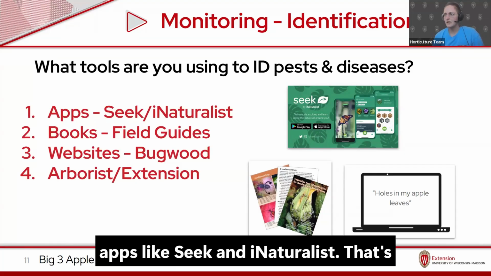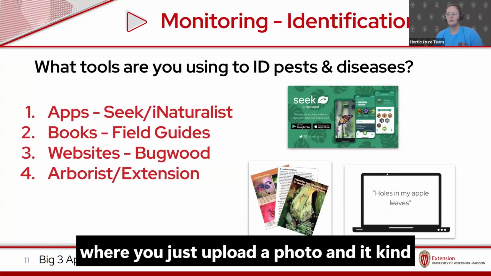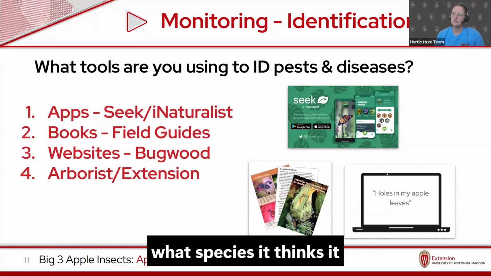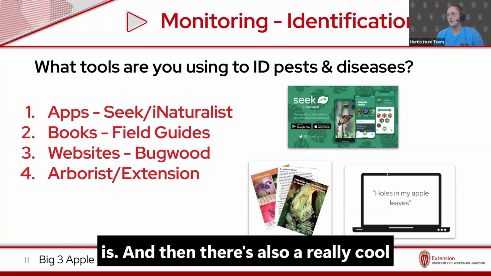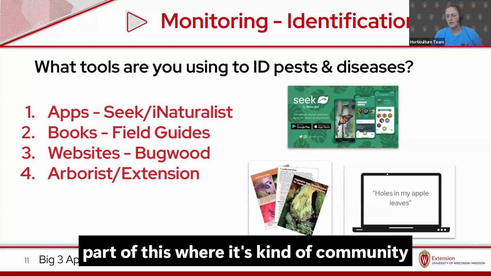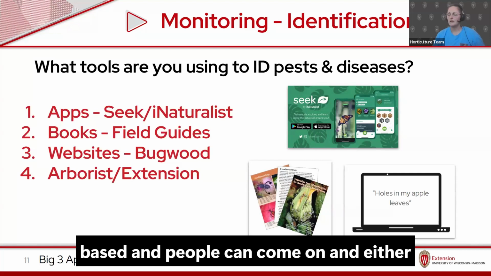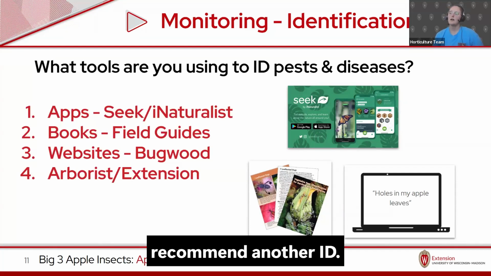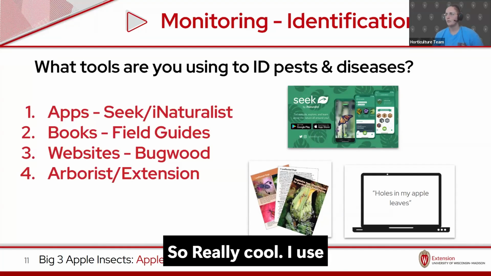There are a few apps like Seek and iNaturalist, where you just upload a photo and it gives you a best estimate for what species it thinks it is. And there's also a really cool community-based part of this, where people can come on and either agree or disagree with you and recommend another ID. So really cool. I use iNaturalist a lot.